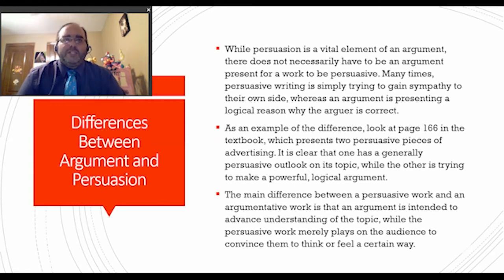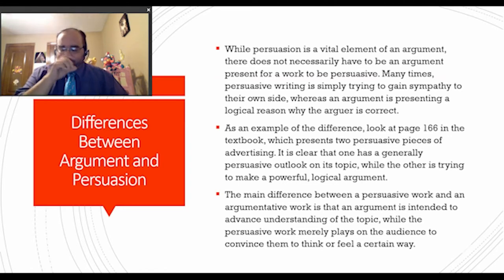So, the main difference between persuasion and argument here is that a persuasive paper is going to try to affect you emotionally. It's going to try to get you on their side by pulling on the heartstrings, making you feel like I'm going to be a terrible person if I disagree with this person, so I've got to stay with their side.